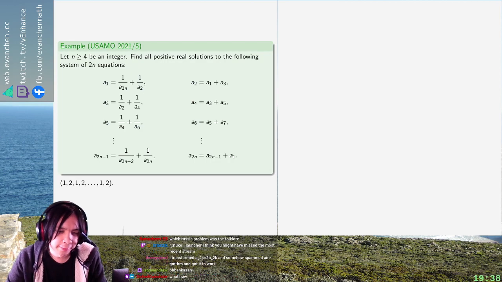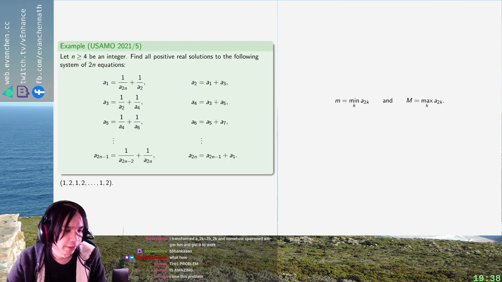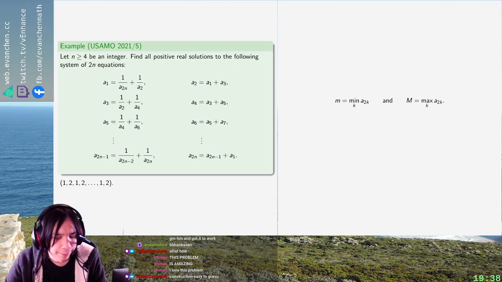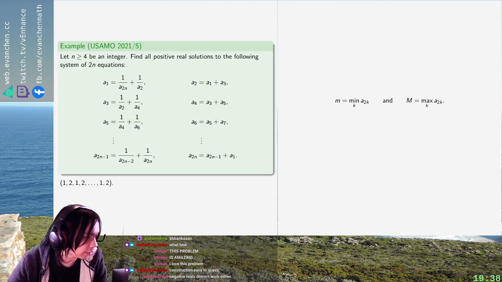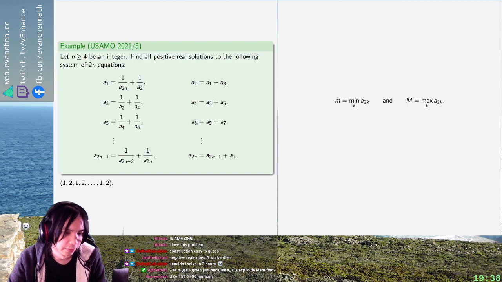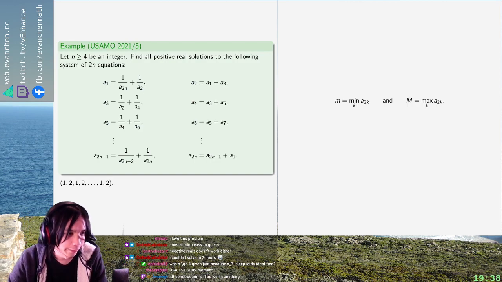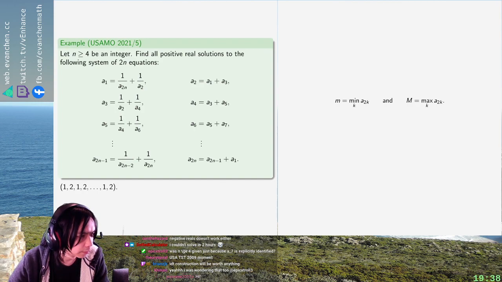If you want to solve this system over the complex numbers, you're dead, because you'll get some high degree polynomial, and that polynomial will have however many complex roots it does. So the fact that the problem is asking for positive reals is really important. It tells you that you're supposed to use something about the fact that it's reals and not complex. And the way we're going to use it is this min and max.